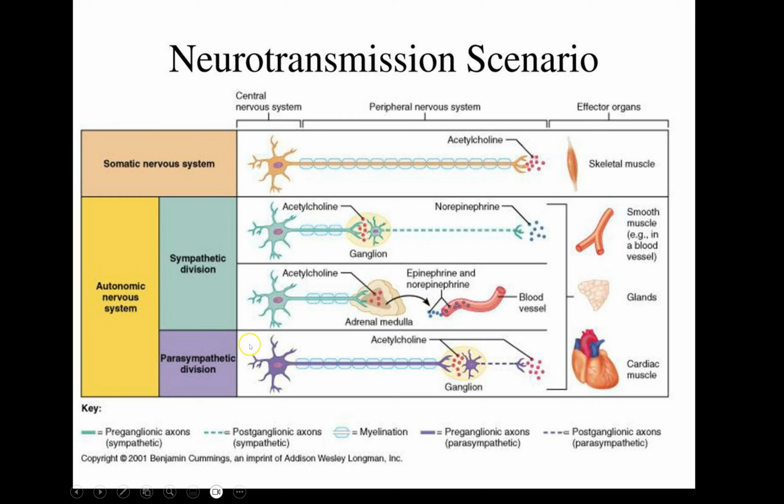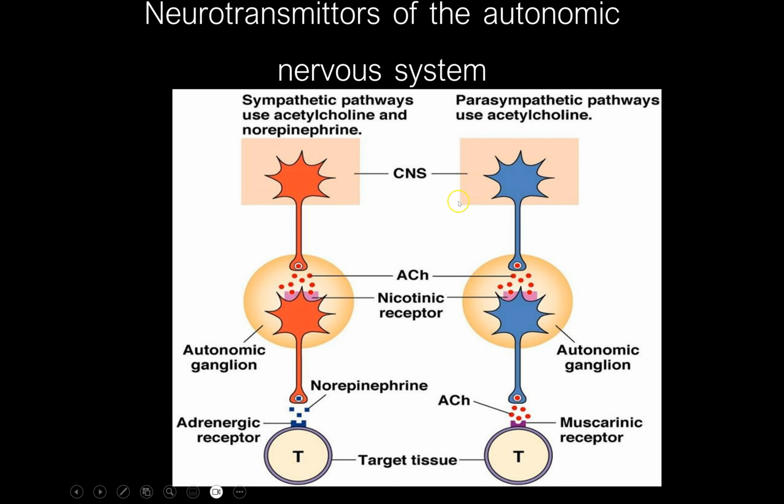And the parasympathetic, as we said, two order neurons, acetylcholine and acetylcholine. Here we have the nicotinic-like action. Here we have muscarinic-like action. So again, two order neurons. The sympathetic: acetylcholine having nicotinic receptors, then the epinephrine or noradrenaline is secreted and received at the target by the adrenergic receptors.